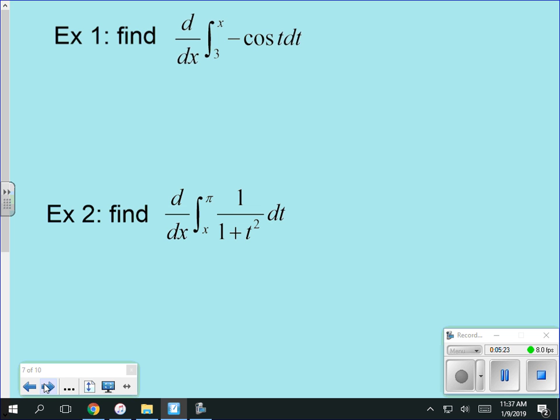The derivative of an integral from some constant value to x, any constant to x, where the constant is the lower bound and x is the upper bound, is really easy to do.